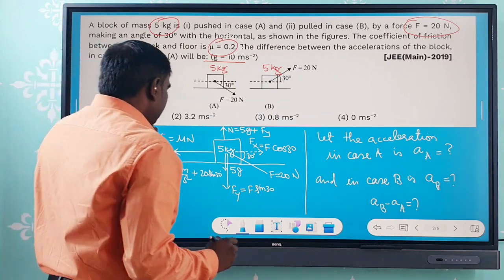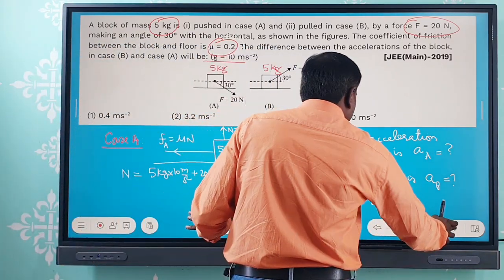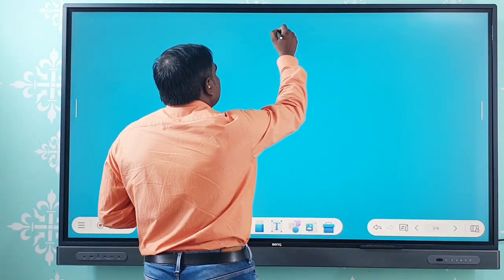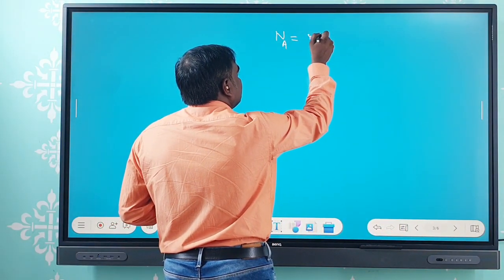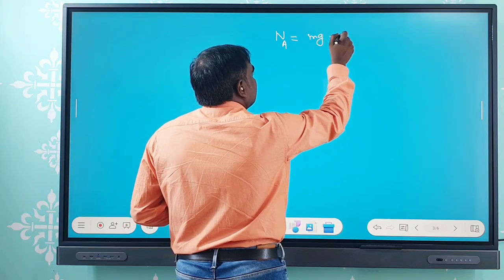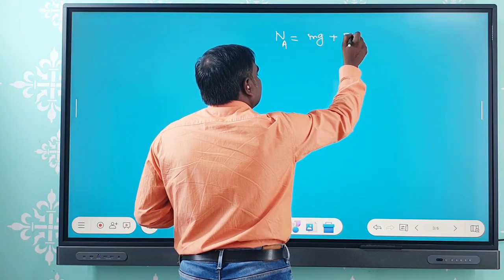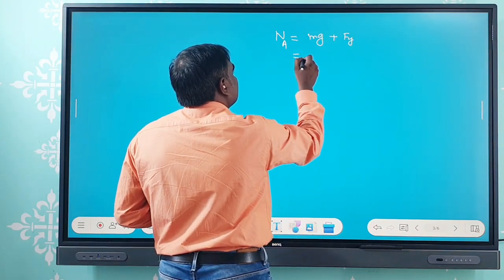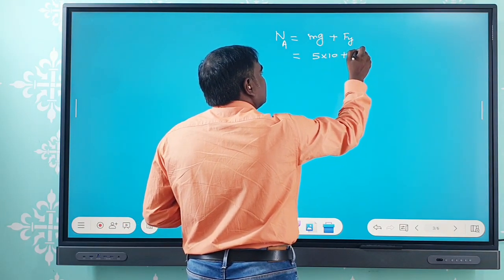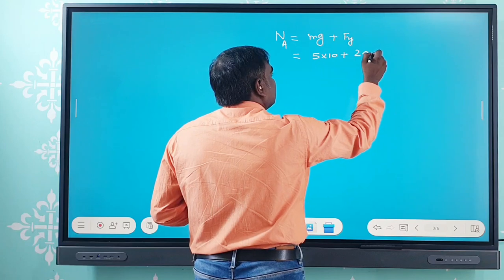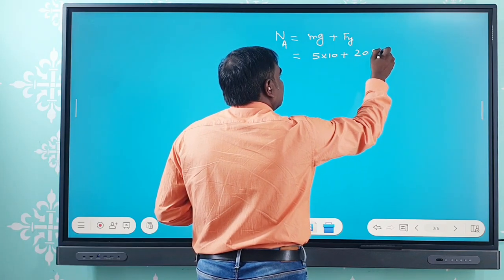So come to the next page so that we can clearly mention this. So normal reaction in case A is equal to mg plus Fy in case of A.